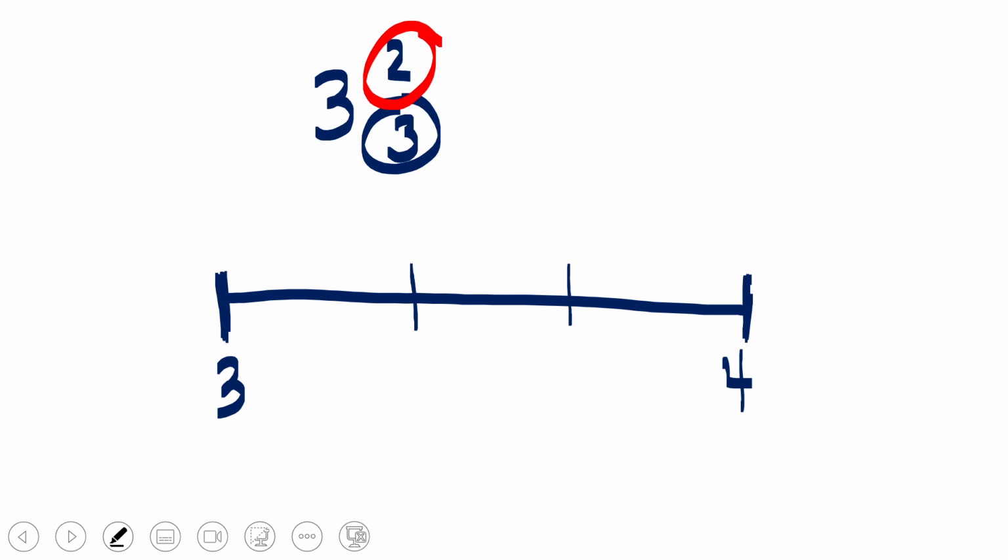So 3 and 1/3, 3 and 2/3. Marks here on this number line between 3 and 4. You do need to mark your 3 and 4, because there are an infinite amount of values that you could mark on your number line otherwise. So be precise.